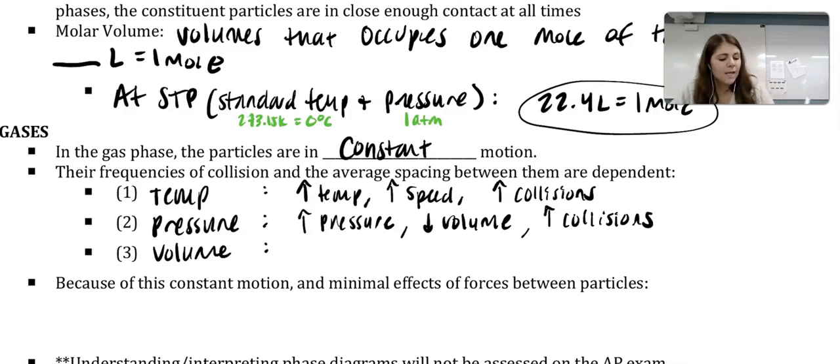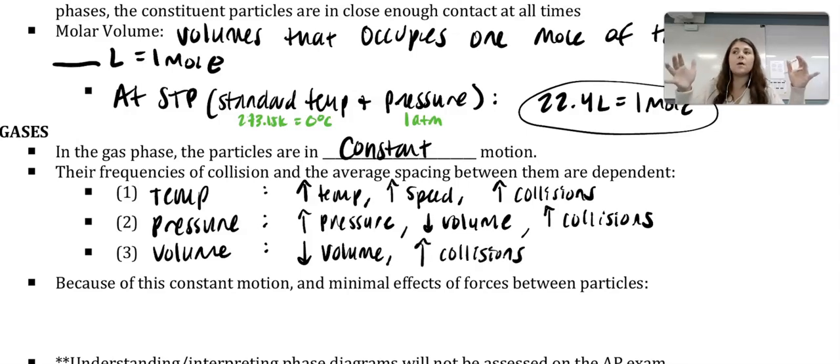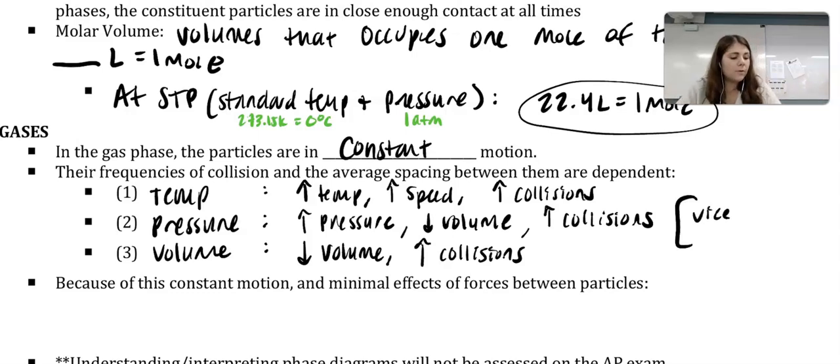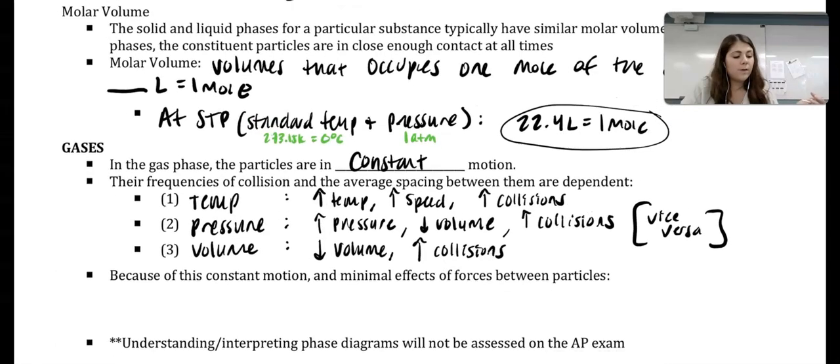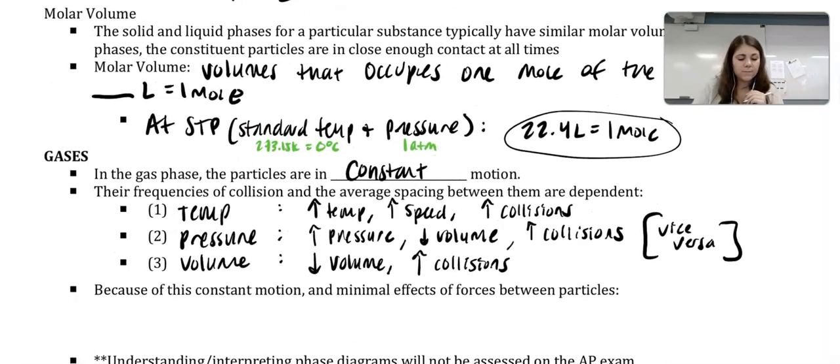And then for volume, if we have a smaller volume, we'll have an increase of collisions because the particles are going to be in less of an area together. So there are more opportunities for them to collide compared to a larger area. All of this can be used vice versa as well, if you wanted to see how you would get a decrease of collisions.